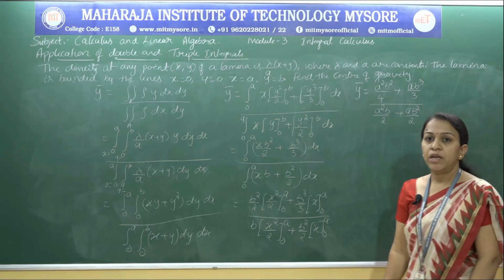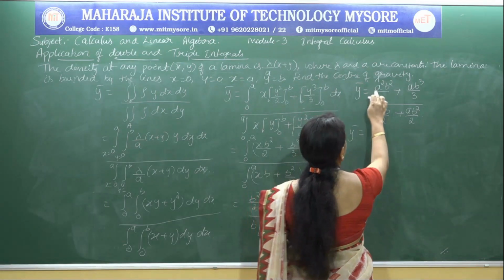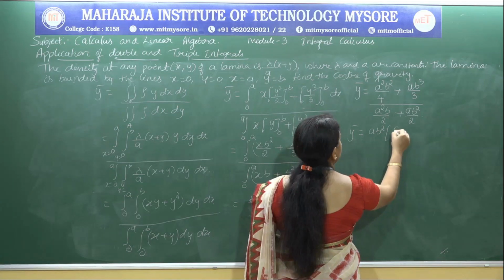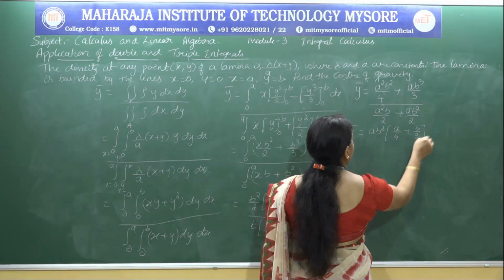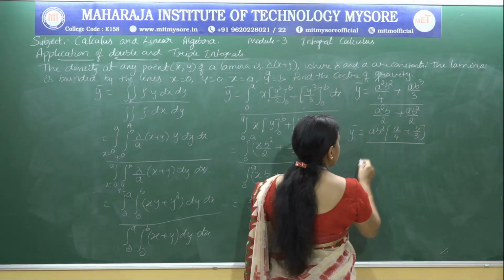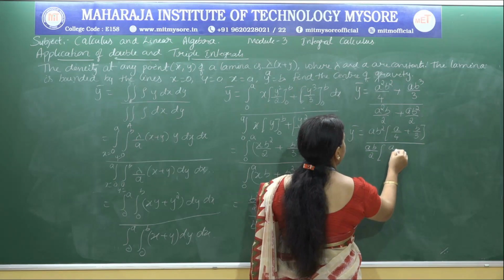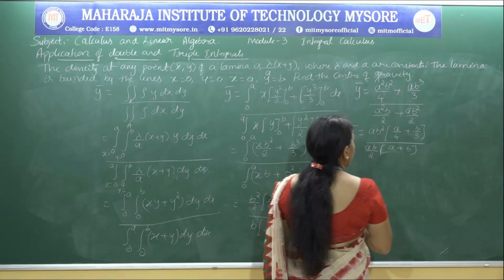So as we simplified in x bar, simplify here, that is y bar equals, I can take out a b square common, so that we remain with a by 4 plus b by 3, divided by, I can take out a b by 2 common, so that we remain with a plus b.